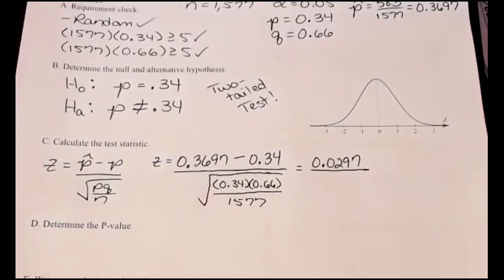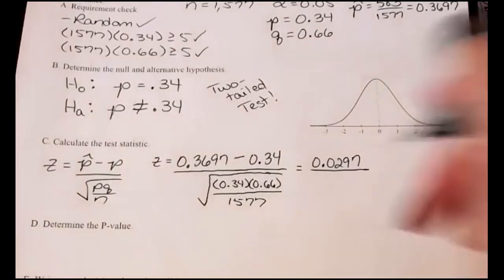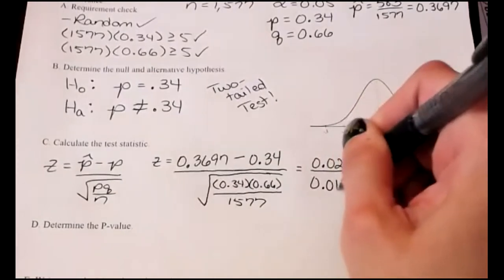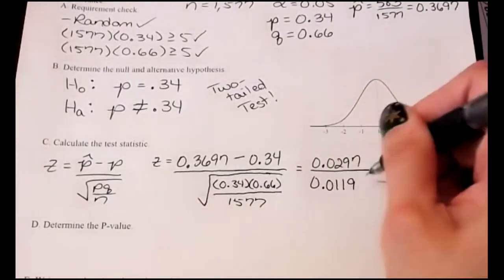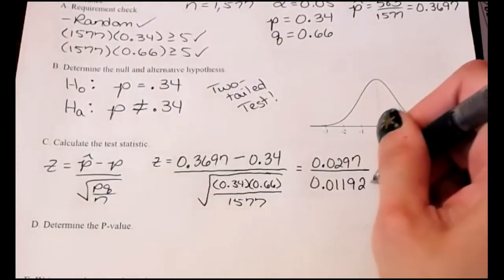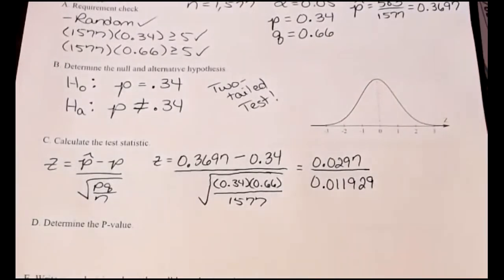And let's do 6 places after the decimal. You can just start listing the values off. 0.011929. Love it. Beautiful. Let's go ahead and divide these two.